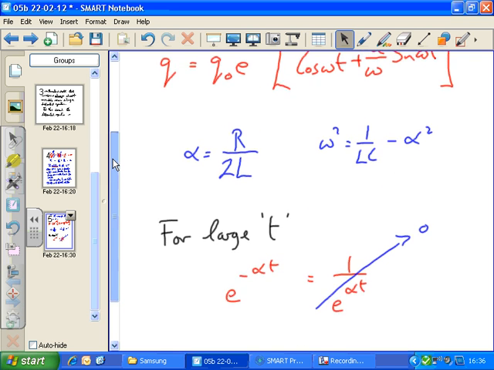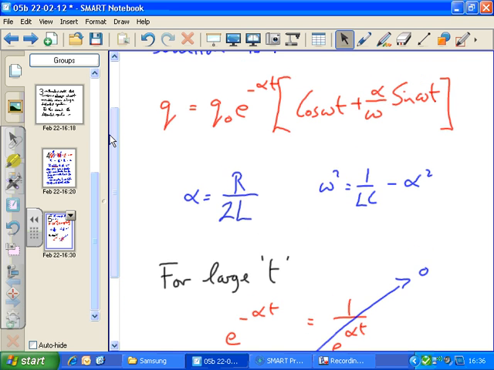So if we look back at this, for large values of t, that's going to tend towards 0, and anything times 0 is 0. And so, eventually, this charge is going to be 0, which is what we might expect, isn't it? If we leave this circuit going for long enough, the charge will disappear, the capacitor will discharge.